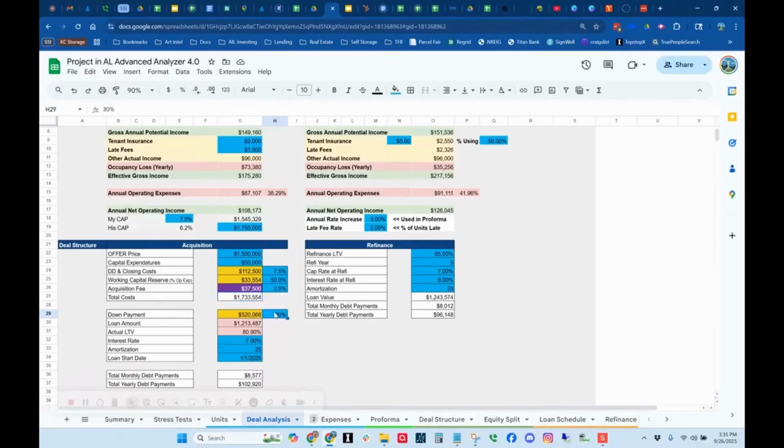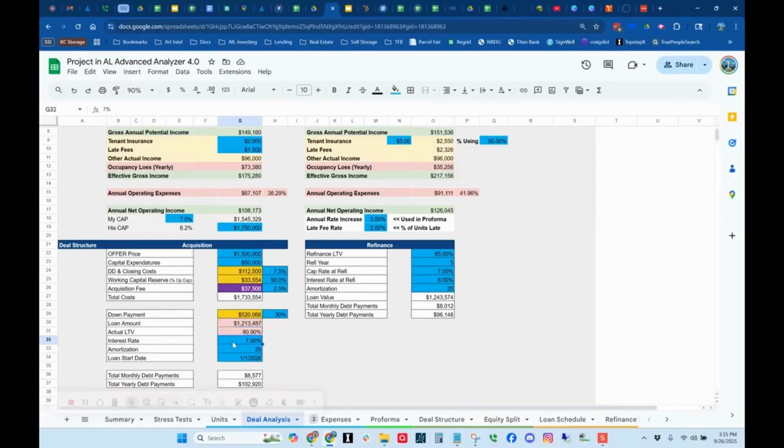So you're doing 30% of the total cost for a down payment here. And then that calculates to the loan amount you're going to need to get. Then that loan amount is divided by our offer price of what we bought it at to get the actual loan to value percentage. So in this case, we are getting a loan to value of about 81%.